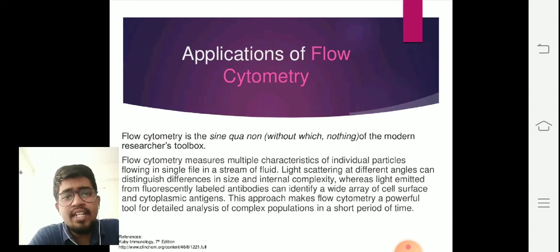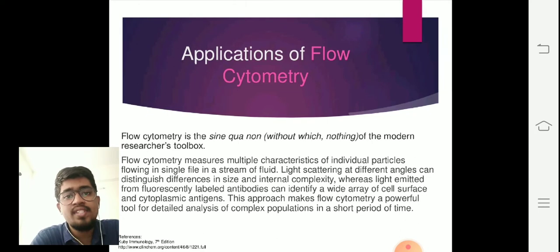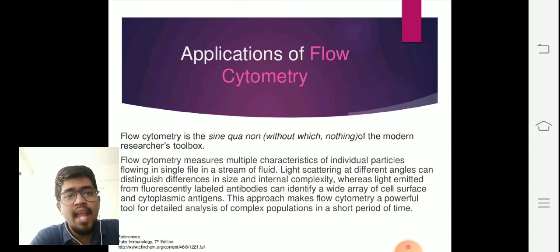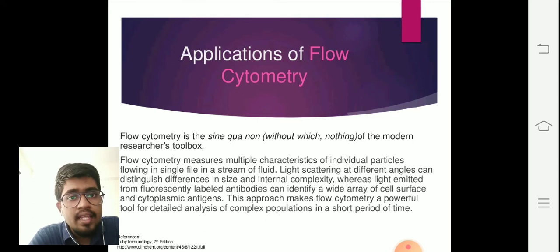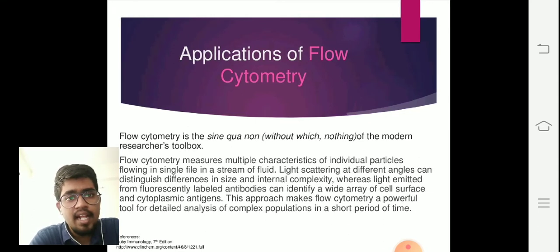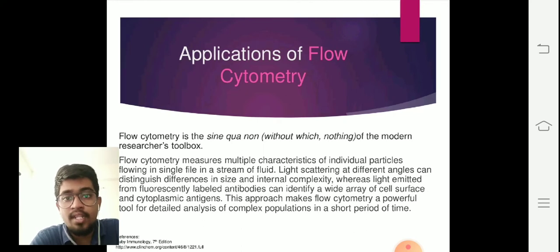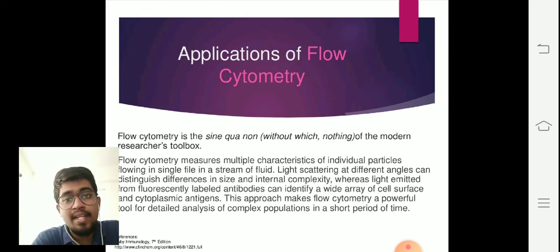Whereas light emitted from fluorescently labeled antibodies can identify a wide array of cell surface and cytoplasmic antigens.